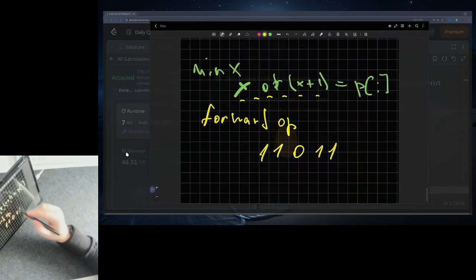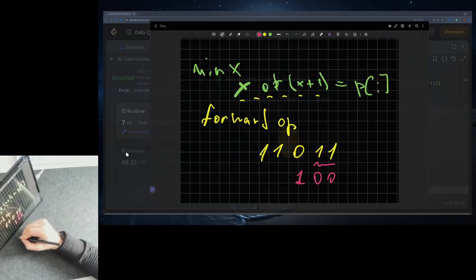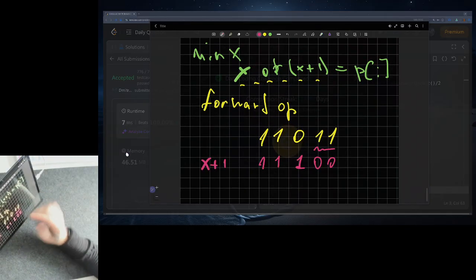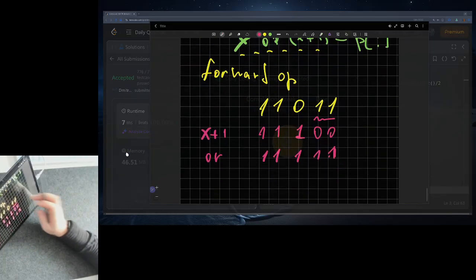The x plus 1 changes this tail to zeros and sets the rightmost 0 to 1. This is x plus 1. Now the OR operation is we have the same bits, just writing 1 where any one is.